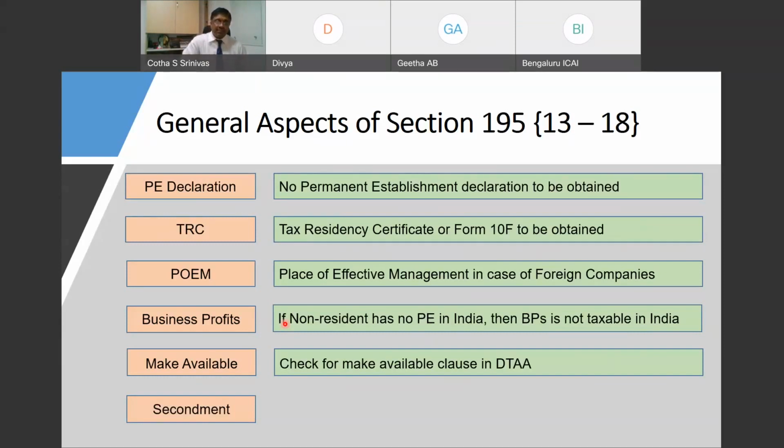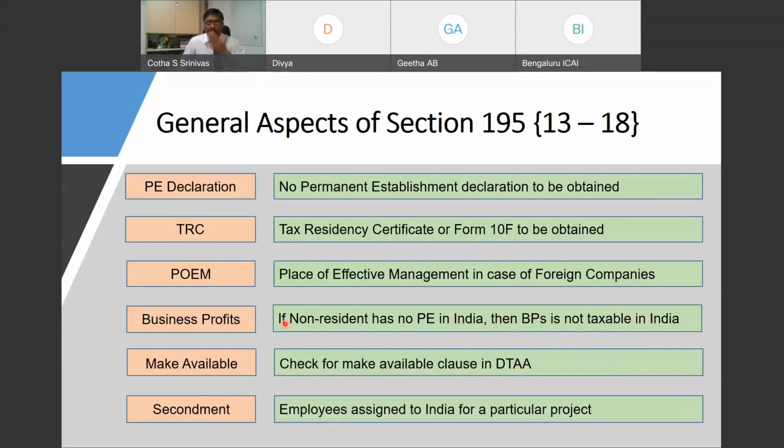Secondment: we have situations where employees are assigned to India for a particular project. In the case of multinational companies, there is a concept called secondment or assignees, where a multinational company may have offices across various countries, maybe 30-40 countries.